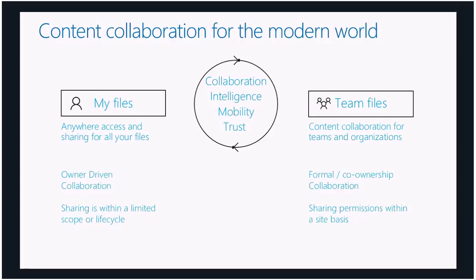Once a user has permission to access the site, he will be able to review the document, download it, or even edit it. Once the document in the team site is modified, everyone in that team site will be able to see the changed version of the file.